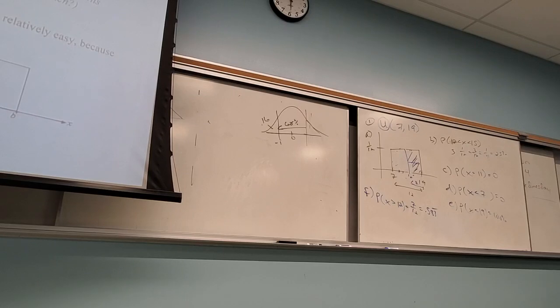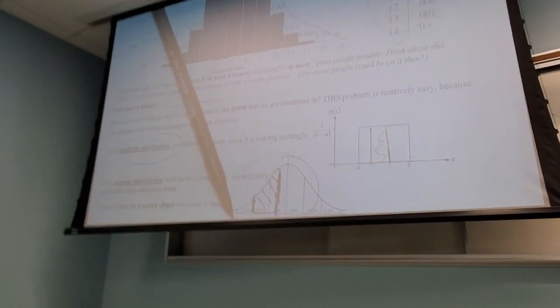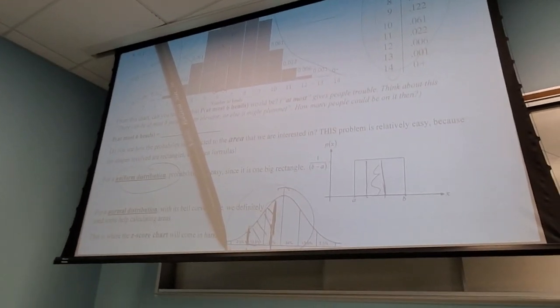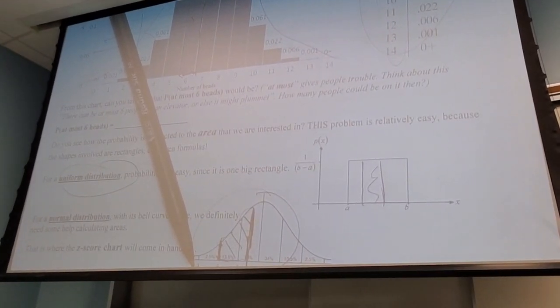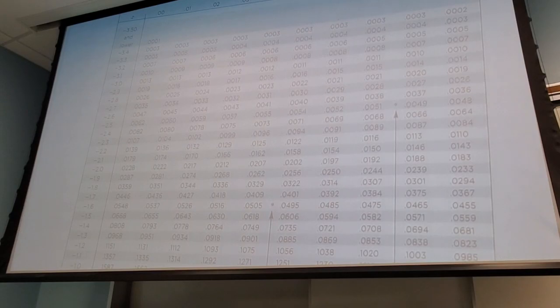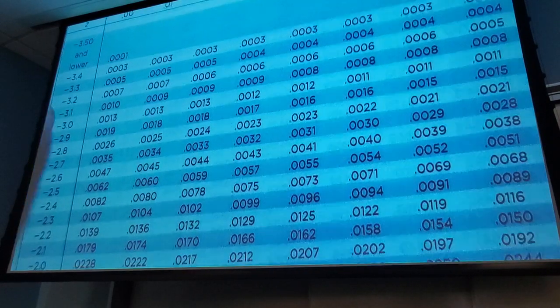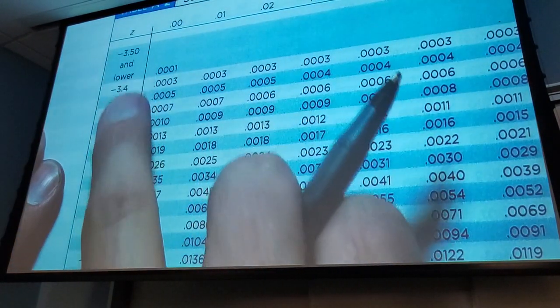All right, so this is not the most intuitive thing. First thing to notice, if, for example, I wanted to look up the z-score negative 3.28, do you see how the first decimal place is here?